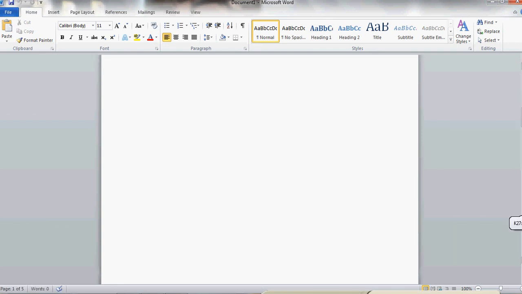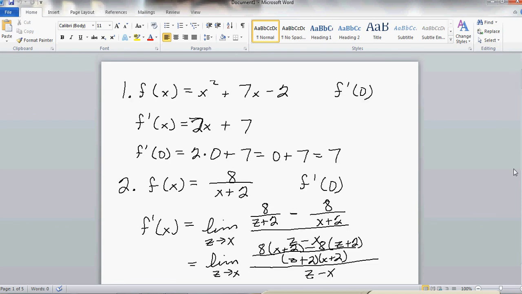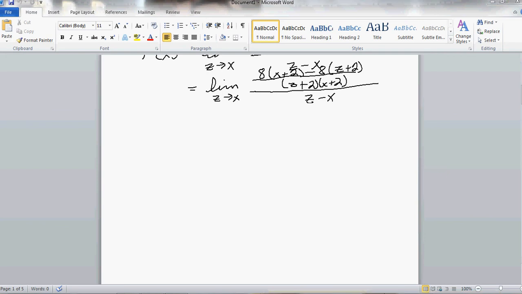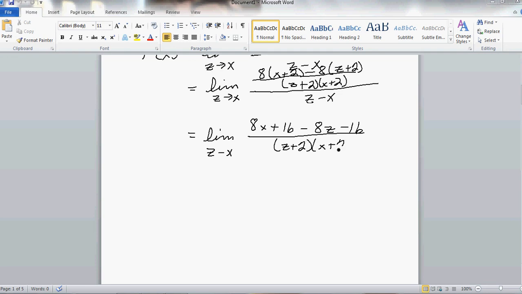Okay, continuing with some cleaning up, we will get the limit as z approaches x of 8x plus 16 minus 8z minus 16, all over z plus 2 times x plus 2, all over z minus x.